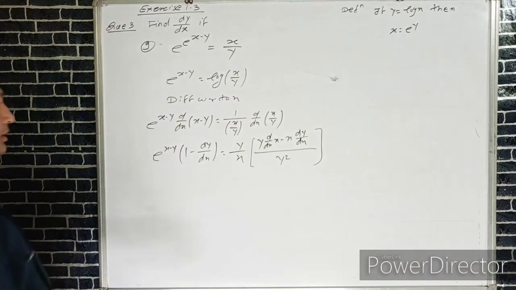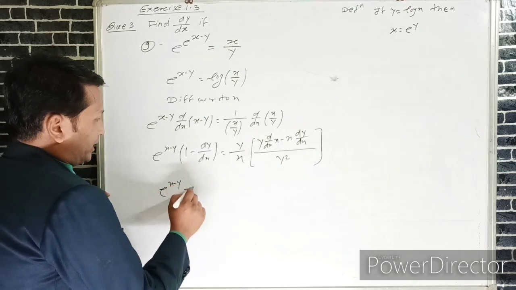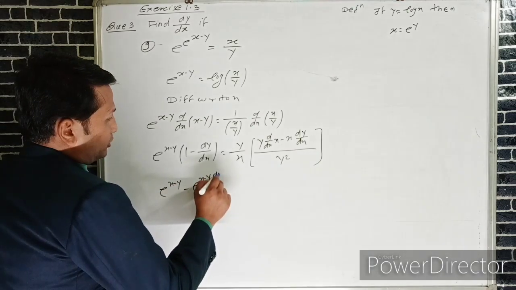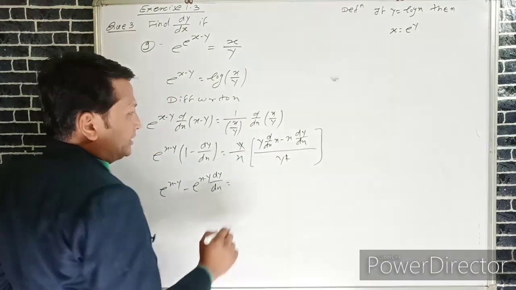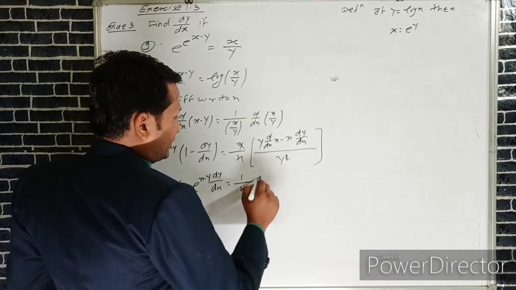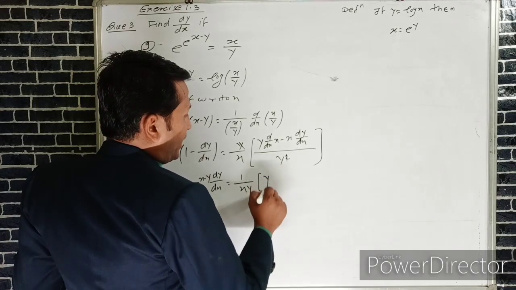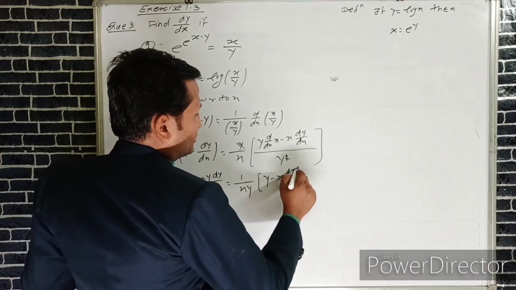Here e to the power x minus y into 1, e to the power x minus y, minus e to the power x minus y into dy by dx is equal to, y cancels. We can write here 1 by x into y into y, derivative of x is 1, minus x into dy upon dx.